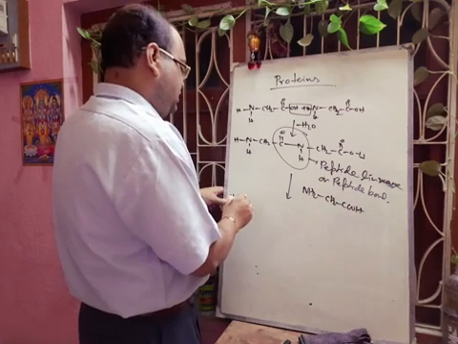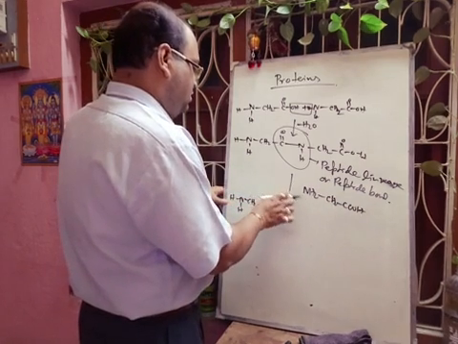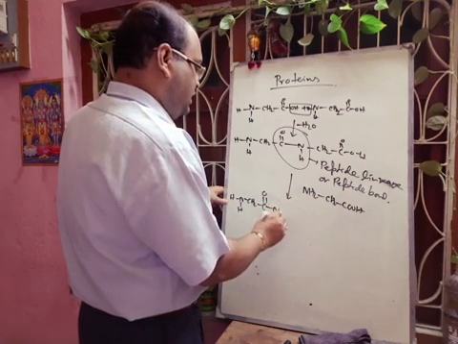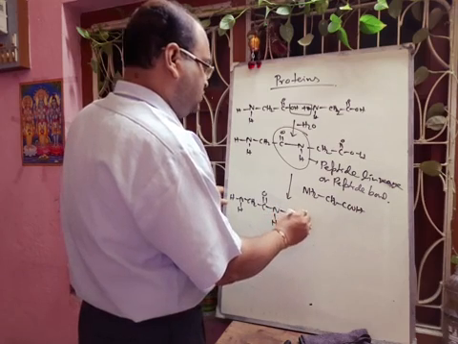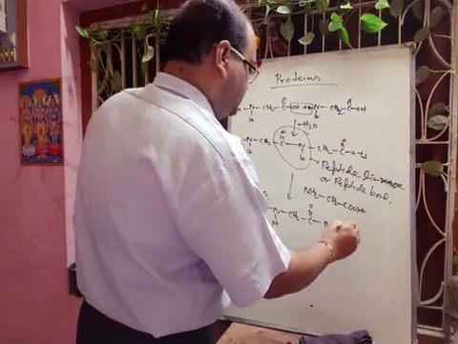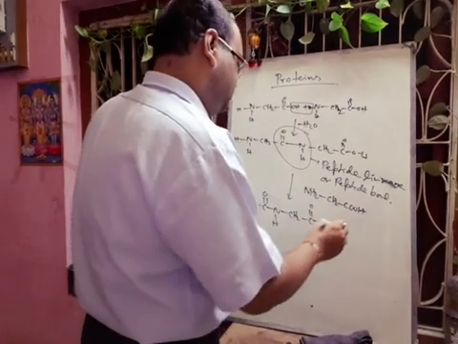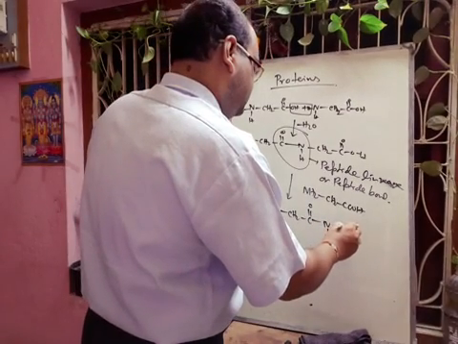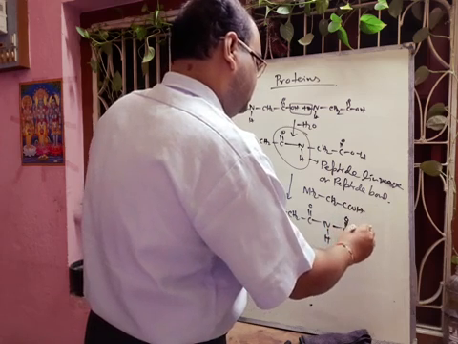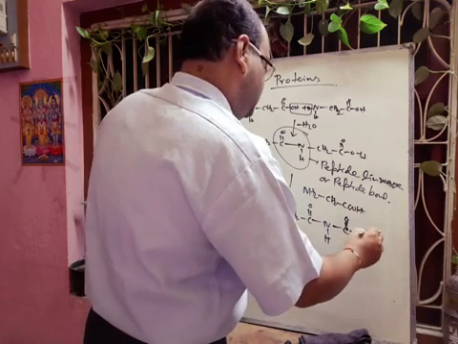So H2N CH2 CO NH CH2 CO NH, C double bond O, NH, CH2.